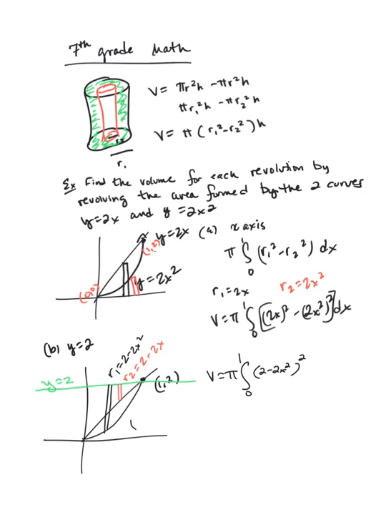And then the inner radius, R2, is 2 minus 2x. Okay, then of course you'd get the answer from there. Okay, so just think of it as outer radius minus inner radius. That's when you have a washer.